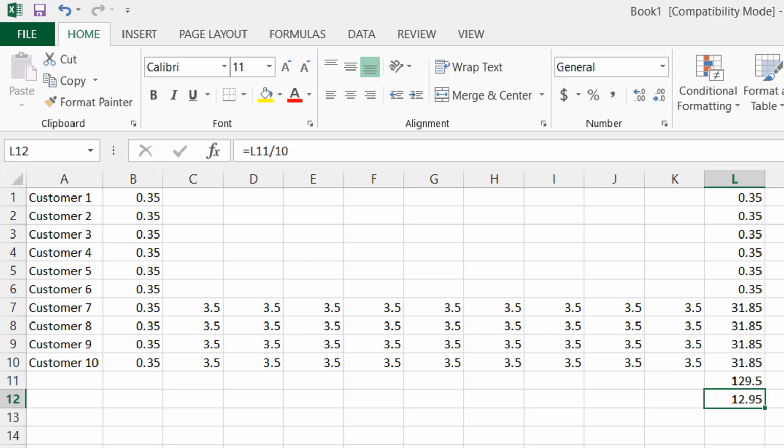Now we're going to assume there's no way for you to narrow it down to customers 7 through 10. If there were, that would be fantastic. So when you sell your product, you don't know whether you have a customer 10 who's worth $32 to you or a customer 1 who's worth 35 cents to you.